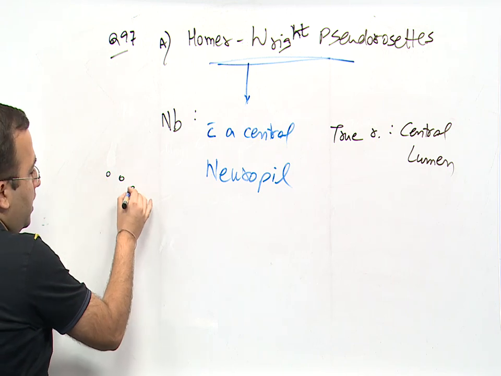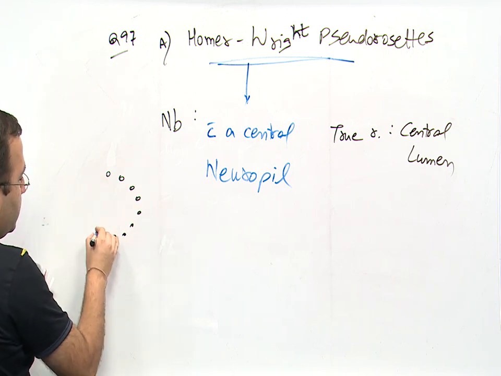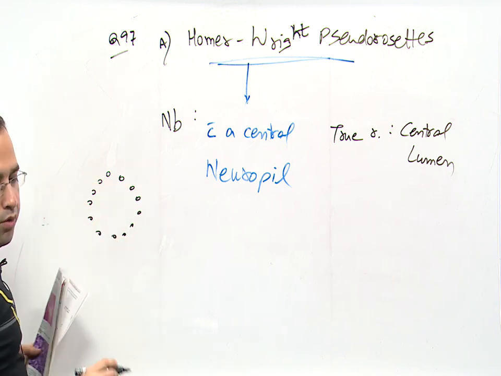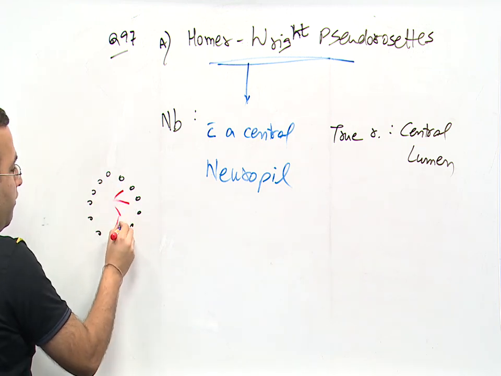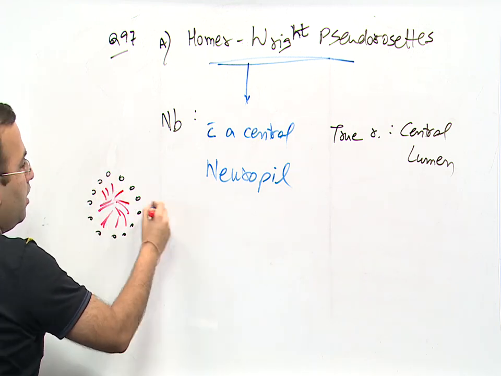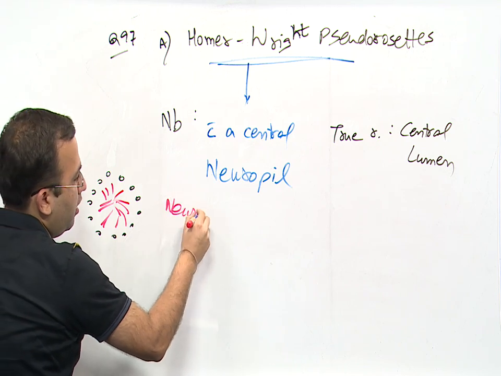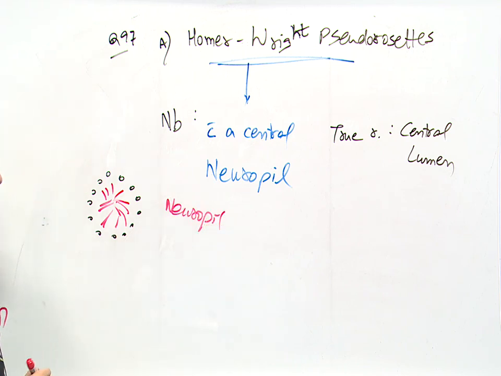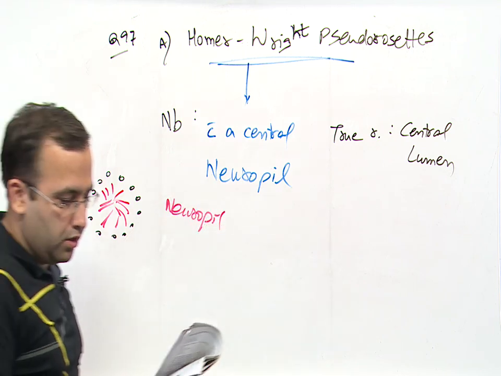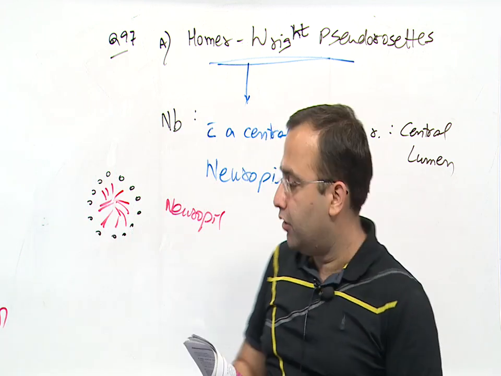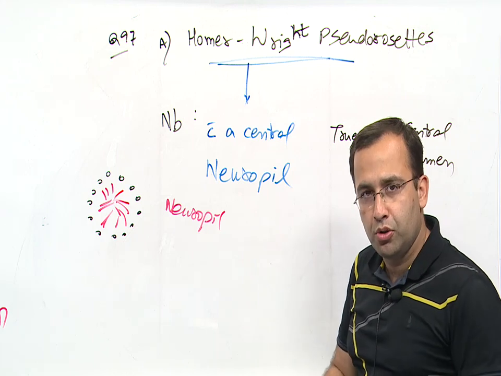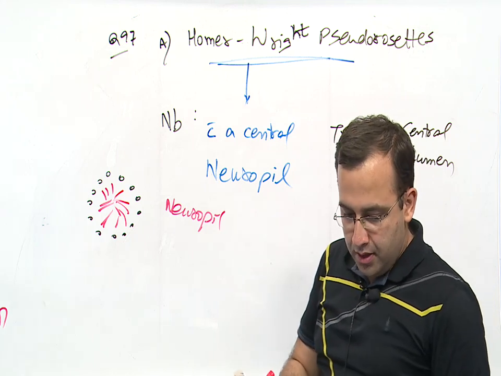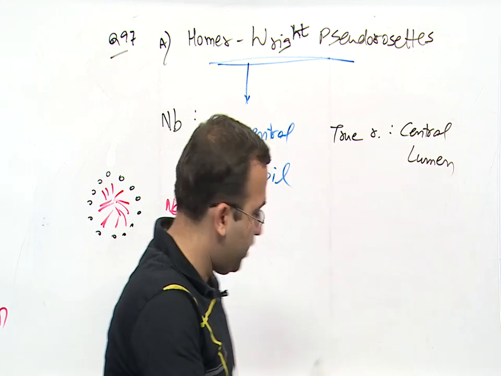What you see is a rosette of cells with a central neuropil. This is the classical image of neuroblastoma showing Homer-Wright pseudorosettes. Next, question 98.